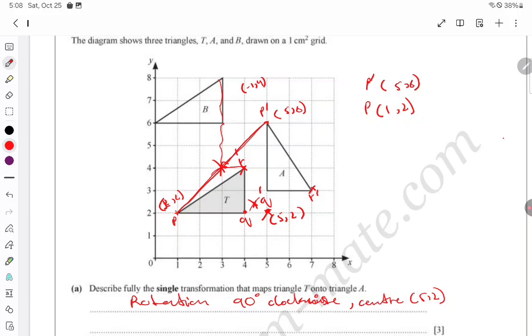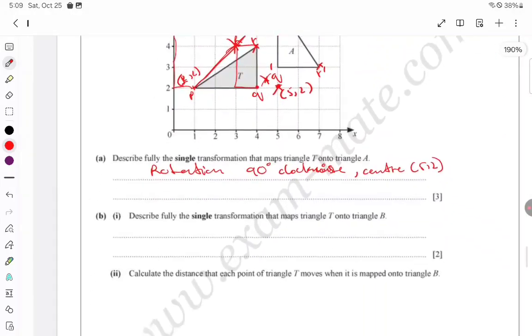Let's check again. This is 1, 2, 3, 4. Again negative 4 comma 4, and check the last point: 1, 2, 3, 4. This is again negative 4 comma 4. So the transformation is by negative 4 comma 4.